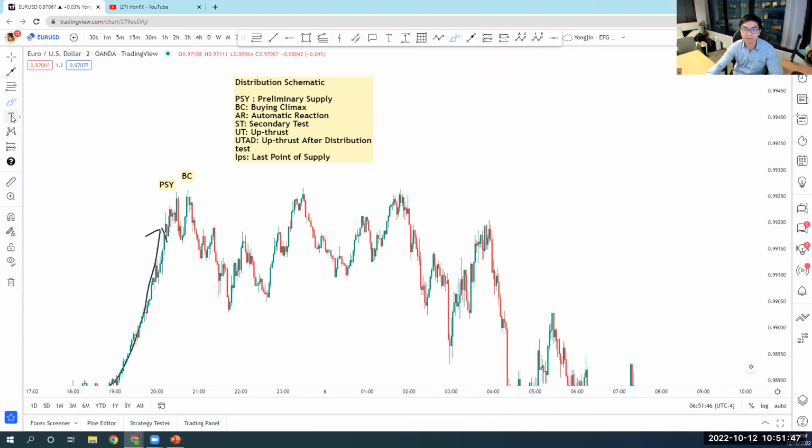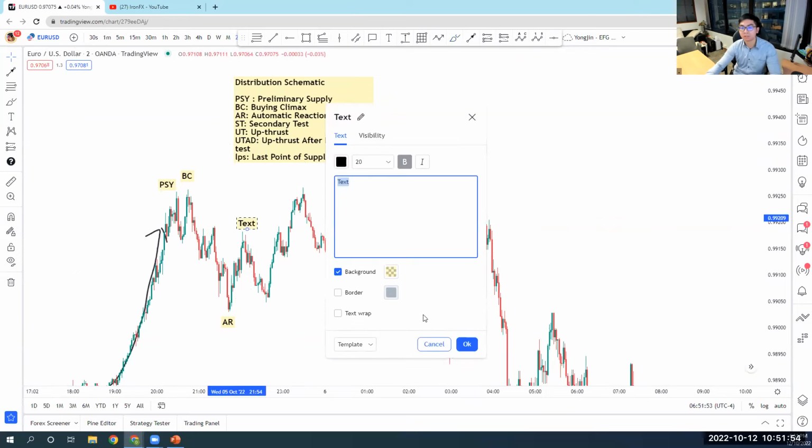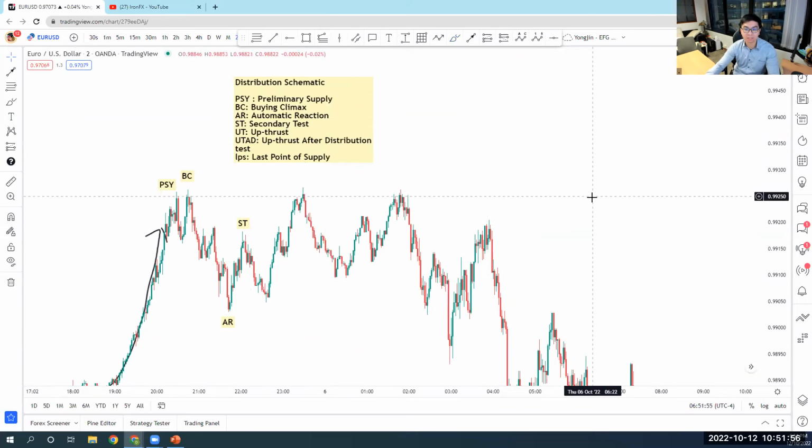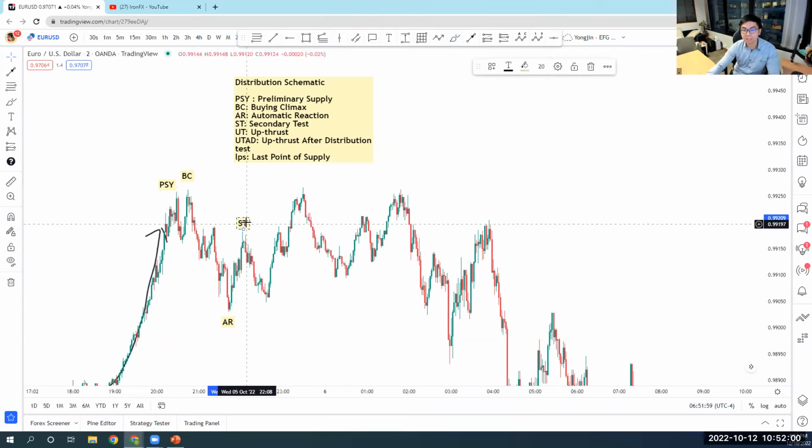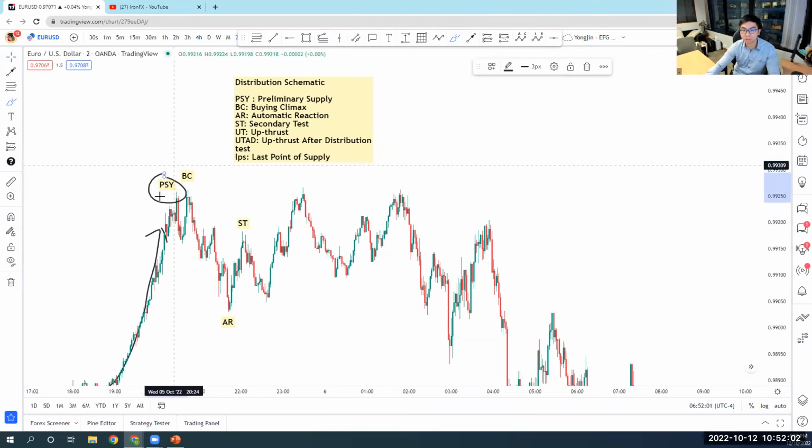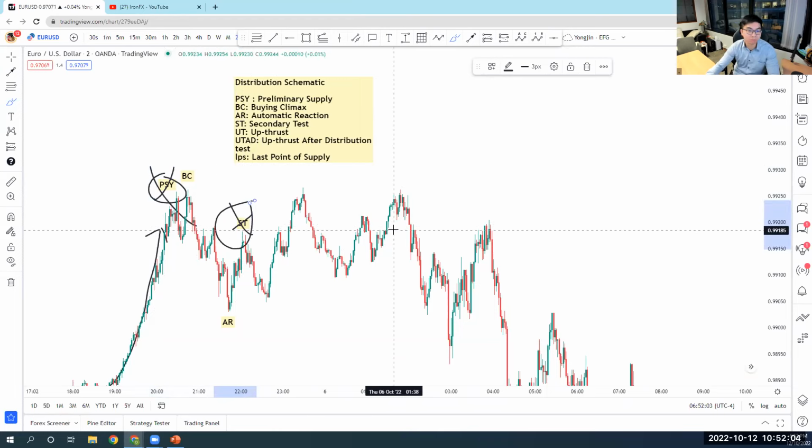That's where we have the automatic reaction. After the automatic reaction, we have the secondary test, ST. Same thing, I usually ignore the PSY and the ST. I usually do not draw these two. But since you guys are new to this, please draw everything out.